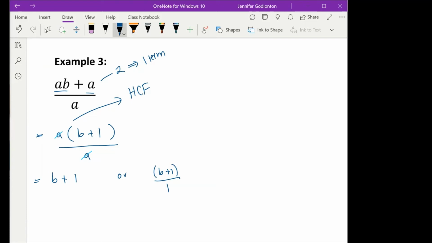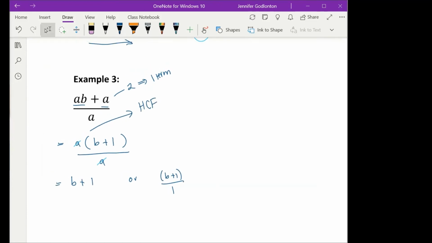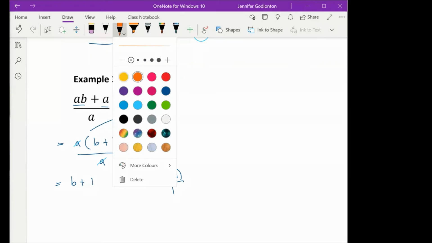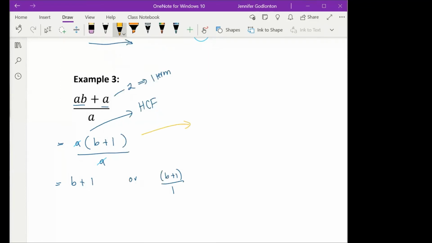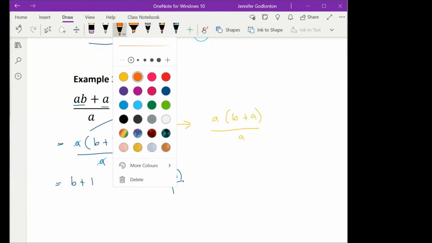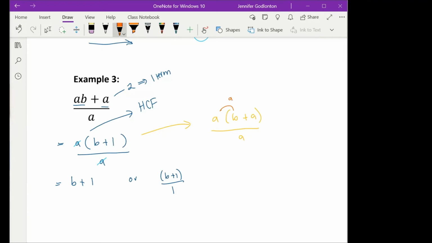Yes, Nakabonga, how can I help? What if you did the exact thing, but you said a open brackets b plus a close bracket? You didn't put a 1. The problem with that is, if I wrote a times b plus a, over a, and re-multiplied this, I would get ab plus a squared.